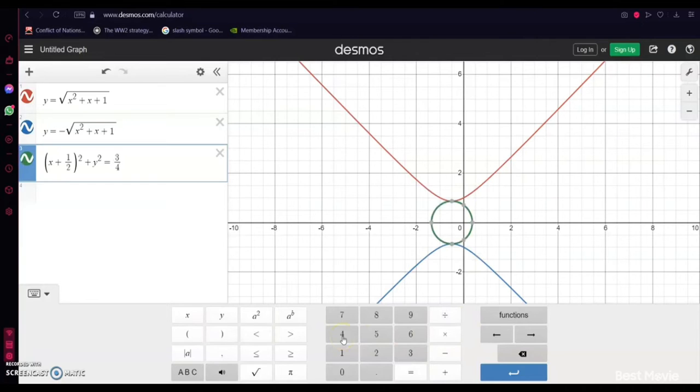And as you can see, it fits perfectly between the red and blue. And that is amazing, because it fits right there in the center.